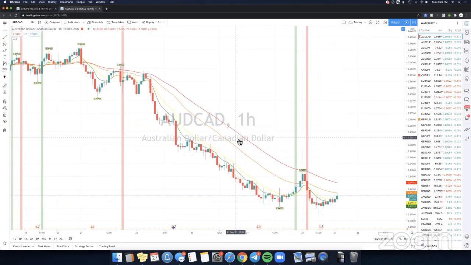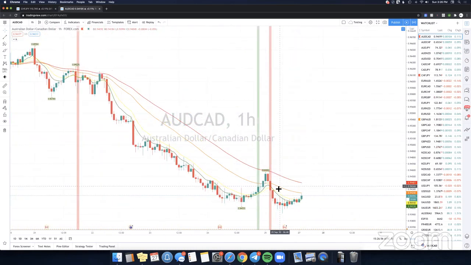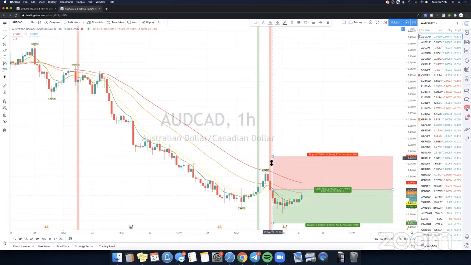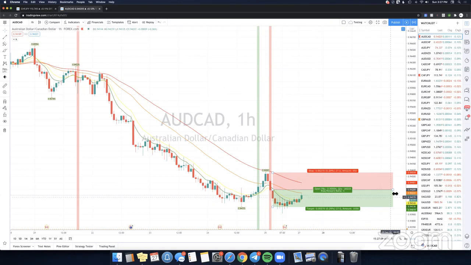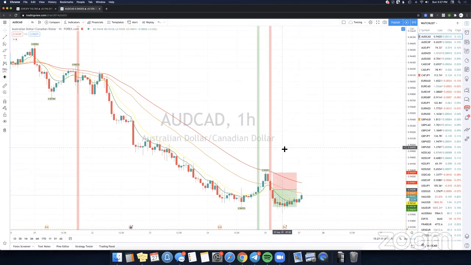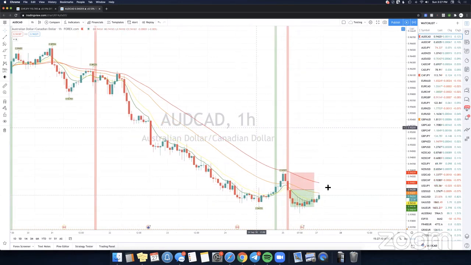You could still ride this down from like right here, or this wouldn't be a valid entry, but this would have been down here. Same situation right here. Stop loss would have been right there at the previous swing. Right there for AUD/CAD, same situation.